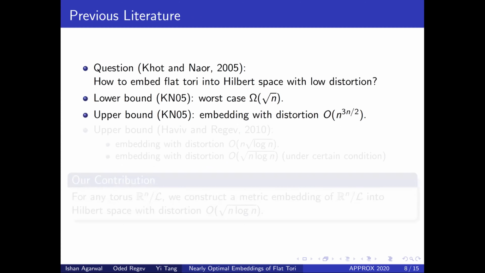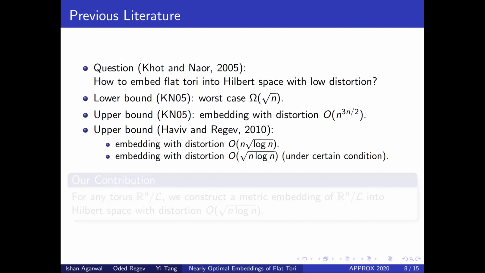And they showed a lower bound whereby there are lattices such that you will not be able to embed with less than root n distortion. But they could only in the general case get an embedding of exponential distortion. And in 2010, Haviv and Regev showed a much better embedding, and they managed to embed with order n root log n distortion.